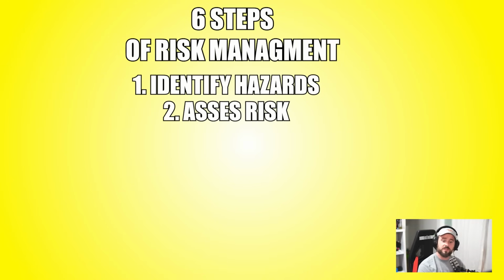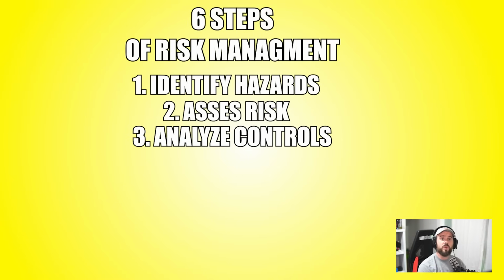We're going to analyze the controls. What can we do to reduce either the likelihood or the severity? Let's take that I haven't flown in 6 months example. Well, what could I do to help reduce either the likeliness or the severity?